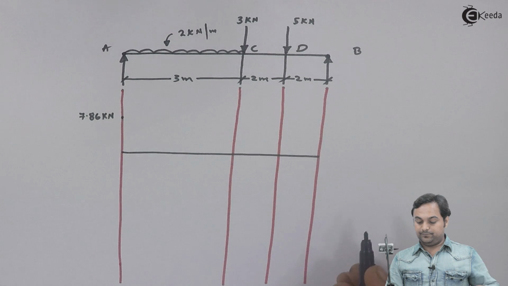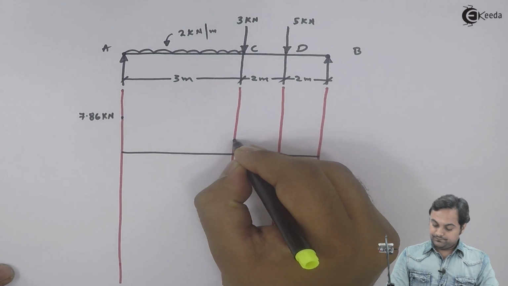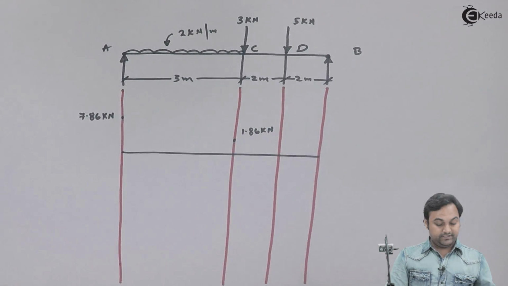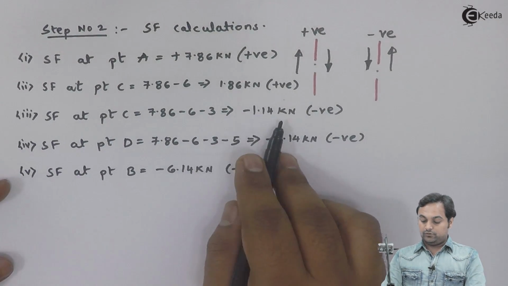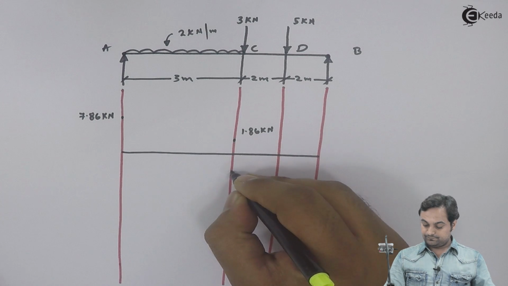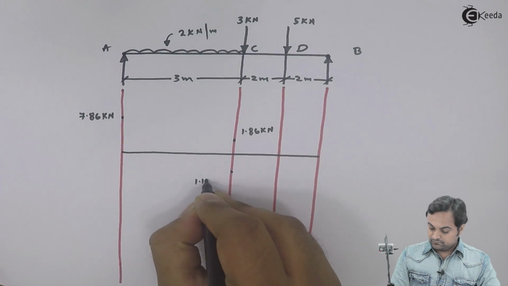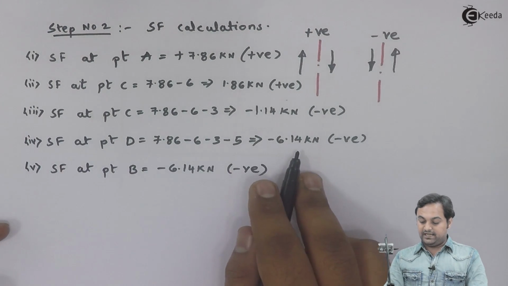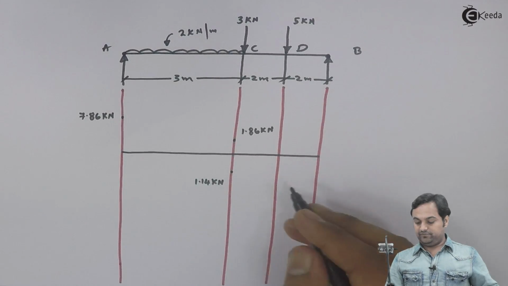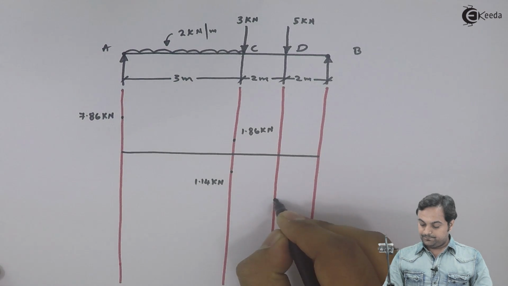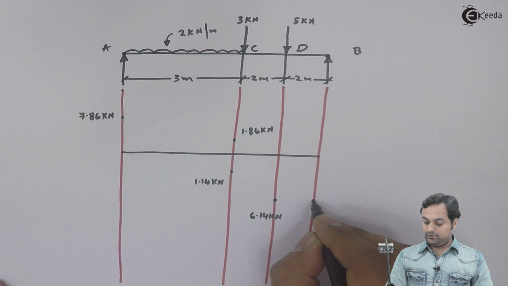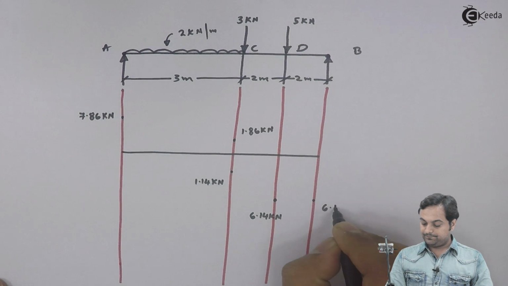The positive is 1.86. Negative value is minus 1.14. Then at point D, I have value as minus 6.14. And this would be constant up to point B.